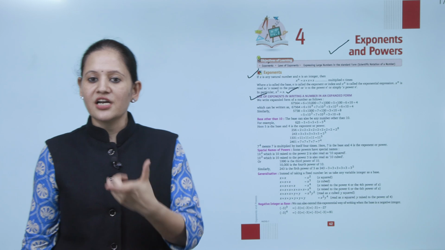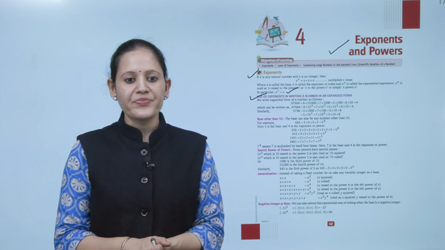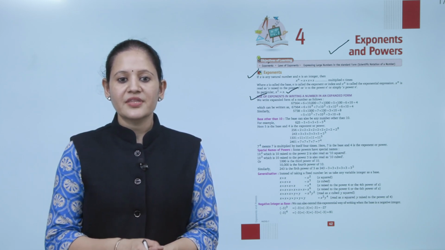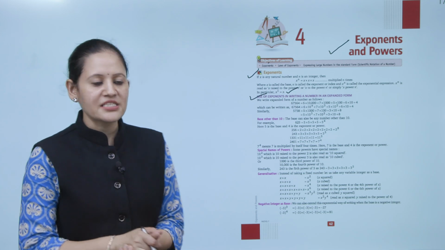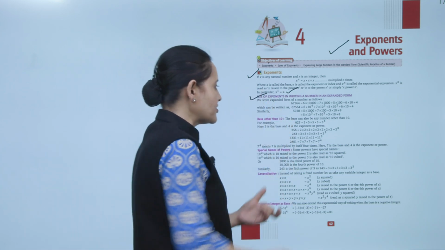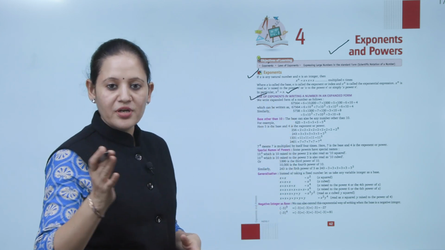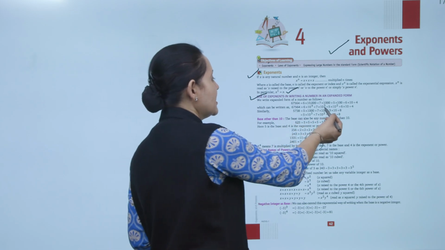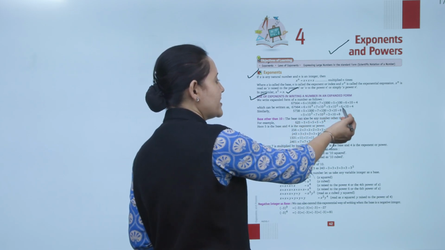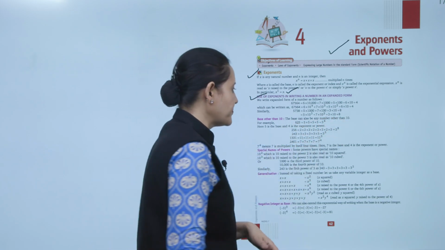This is how we can write the given number in expanded form, which can be written as 6 into 10 to the power 4 plus 7 into 10 to the power 3 plus 5 into 10 to the power 2 plus 6 into 10 plus 4. Clear?